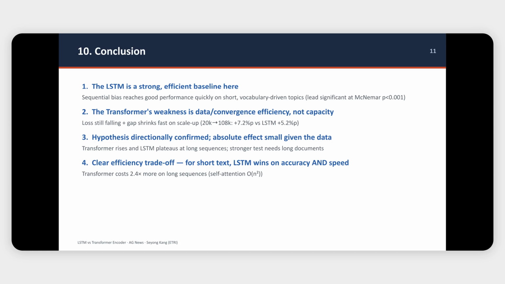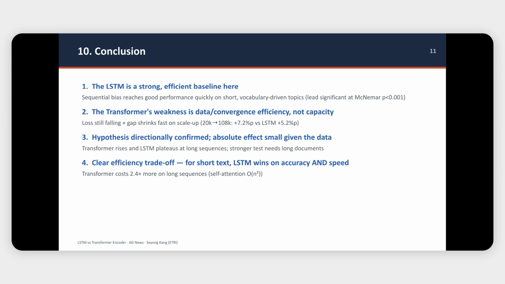The wrap-up. First, the LSTM is a strong, efficient baseline and its lead is real. Second, the transformer's weak point is not size, but how much data and training it needs. It improved more with more length, so it could catch up. Third, the length hypothesis was right in direction, but small in effect, since the articles are short.